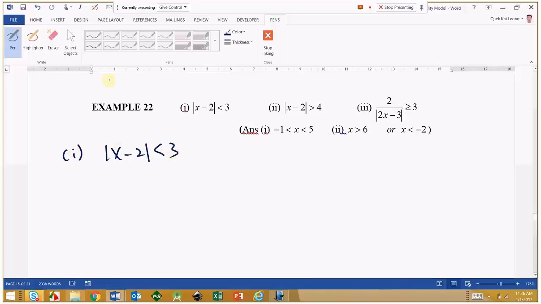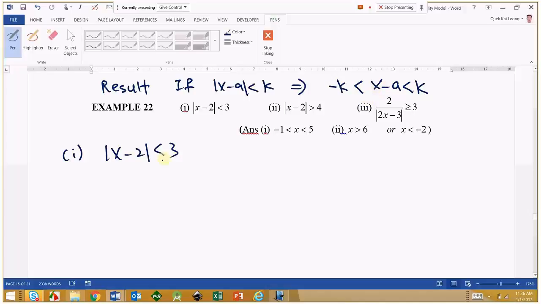I copy the result from the book, so you no need to copy; you can just refer to the book. If absolute x minus a is less than k, then it's equivalent to x minus a is between minus k and k. Let's know how to make use of the result first, then later I'll explain the result.